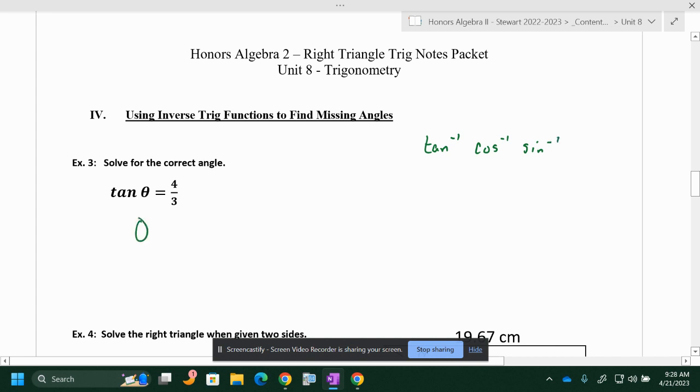So in this case, I've got theta is equal to the inverse tangent of 4/3. And I plug that into my calculator, and I'll get approximately 53.13 degrees.